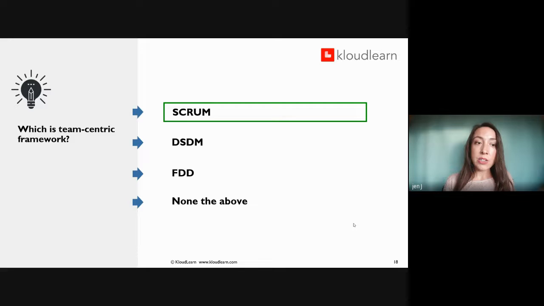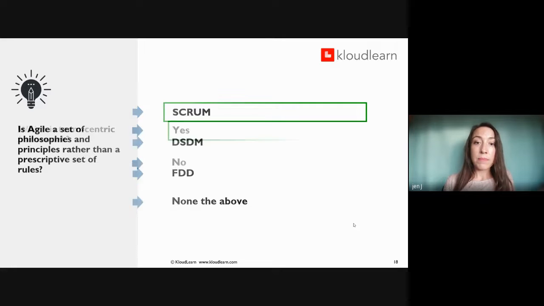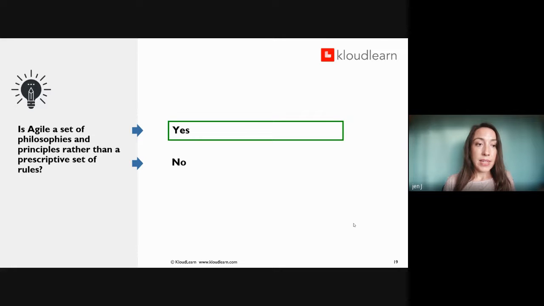Which is team-centric framework? Scrum, DSDM, FDD, or none of the above? Scrum is the team-centric framework. Is Agile a set of philosophies and principles rather than a prescriptive set of rules? Yes, it is. You can adopt whichever you choose.